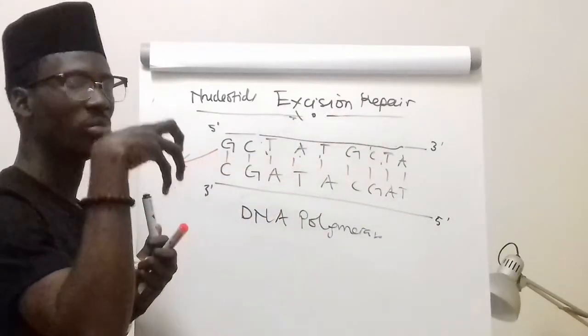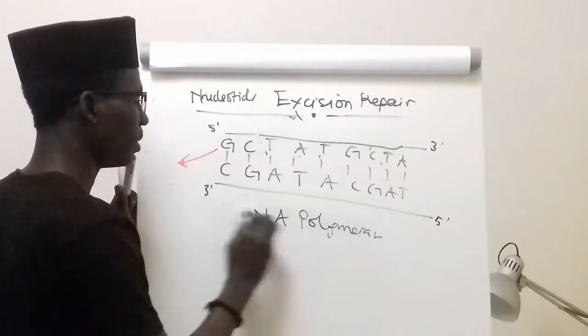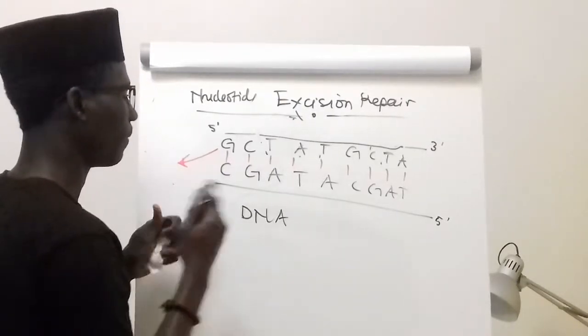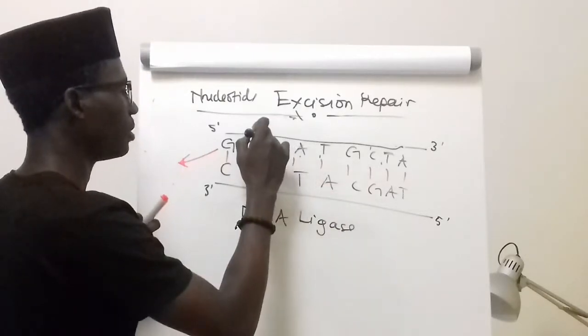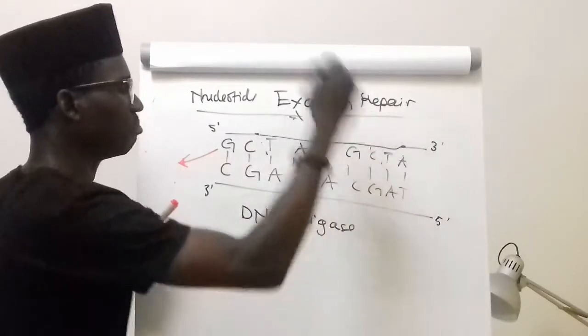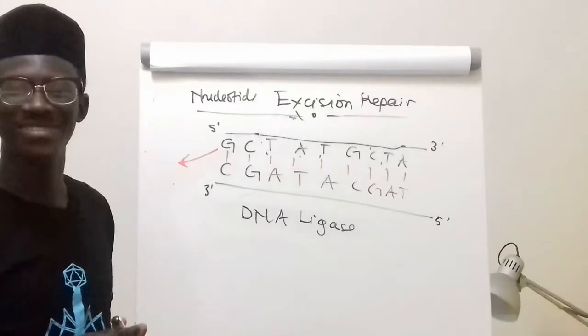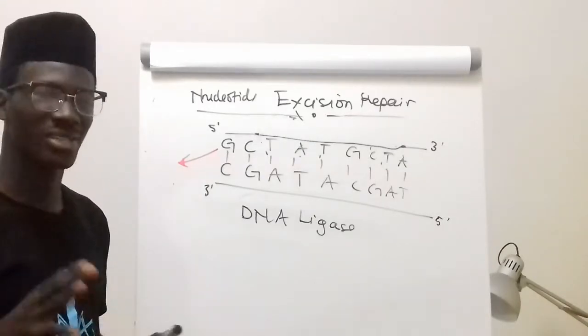The phosphodiester bond has to be joined back, so DNA ligase comes in to ligate. It's a ligation reaction. Join this together. Finished. So it has been repaired. It's as simple as that.